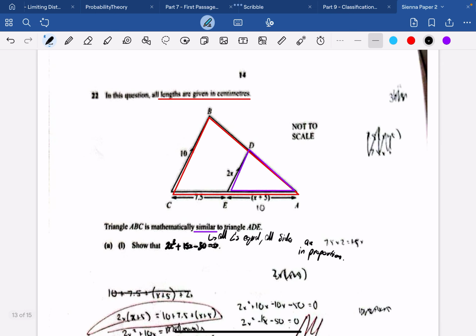Now let's think how we are going to work this out. Sorry for the long pause. I just have to think about this question a bit.